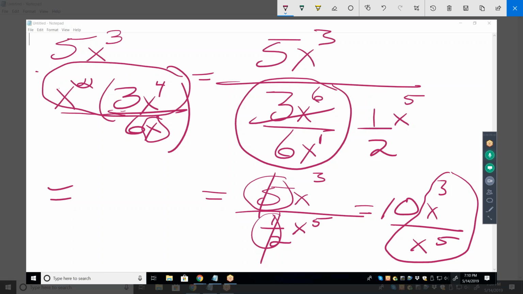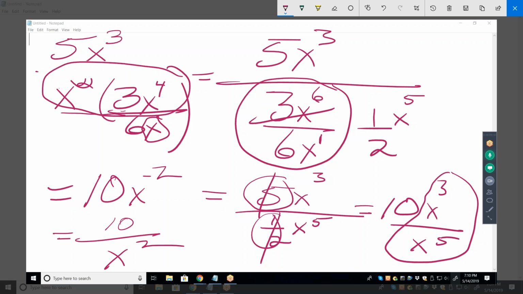Or I could choose to write it like this, because my first process is to subtract the exponents. And I know what a negative exponent means. It means I'm going to use a positive exponent on the other side of the fraction bar. So that is the answer. And there are numerous ways you could begin this problem.